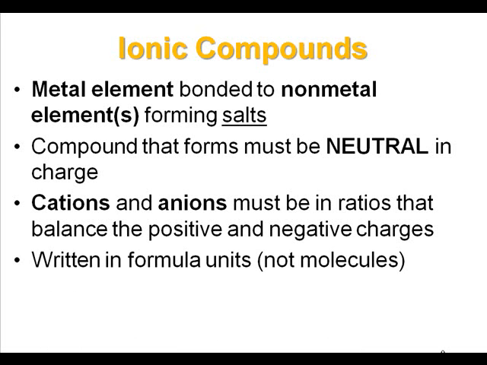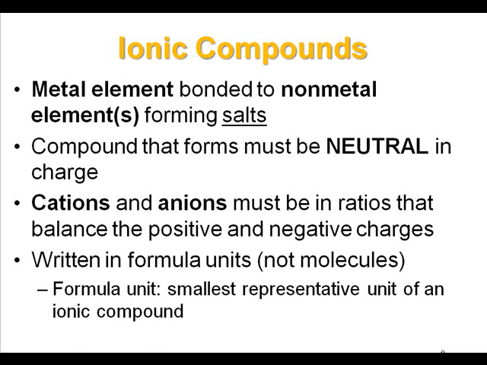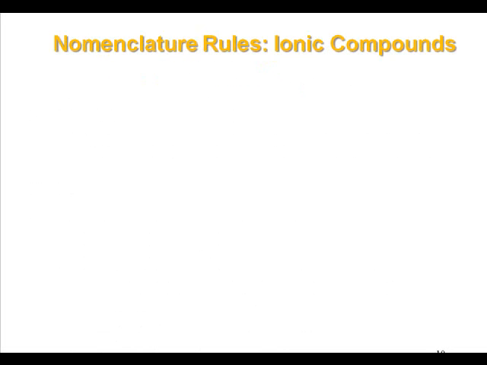And be aware that when you do write that out, that's referred to as formula units. They're not true molecules, because what happens is these ions string together in these very, very large structures. What you write down is the smallest unit of the actual compound.